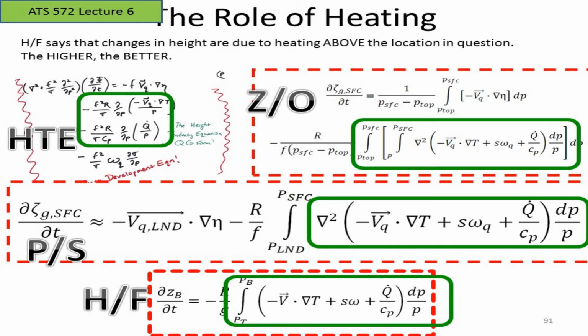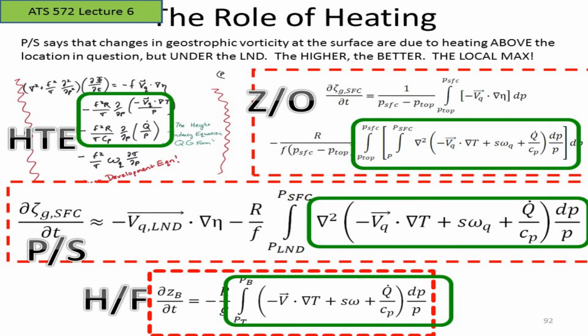Whereas Pedersen-Sutcliffe says that changes in the vorticity at the surface are due to heating above the location in question, as long as it was under the level of non-divergence. It's got that inverse pressure weighting as well in Pedersen-Sutcliffe, so the higher up in the atmosphere that heating happens, the better. It does have to be a local maximum of the heating, because you got a Laplacian there in Pedersen-Sutcliffe. All that makes good sense.